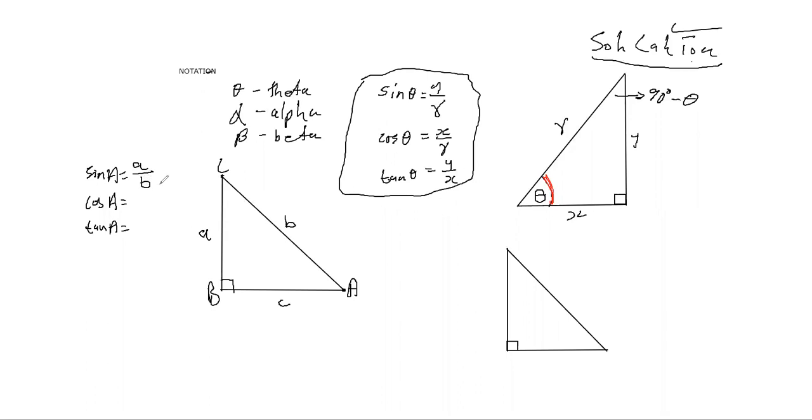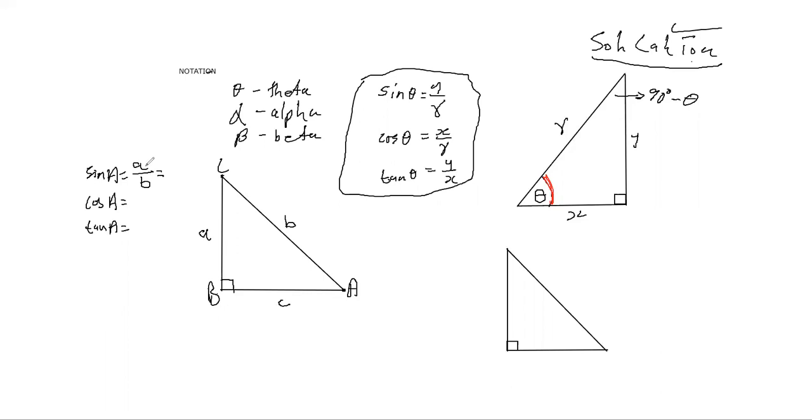What is my hypotenuse? It is small b. And I want you to notice something also, which comes from grade 9 and grade 8 when we were introduced to naming triangles. The small b comes from the fact that this side is opposite to the angle B. Small a comes from the fact that this side is opposite to the angle A. Small c comes from the fact that this side here is opposite to angle C. But going on, you can always choose which way you want to write.